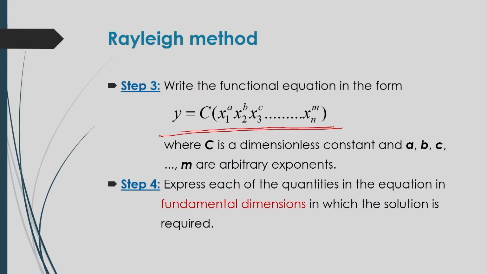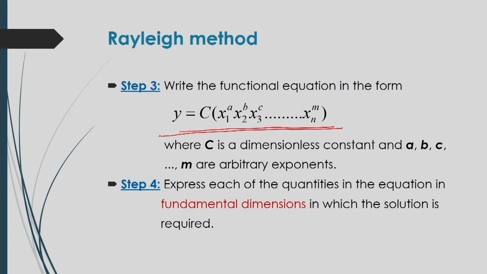Here C is a dimensionless constant, and a, b, c and m are arbitrary exponents. Those exponents will be obtained from the experimental data based on your process.